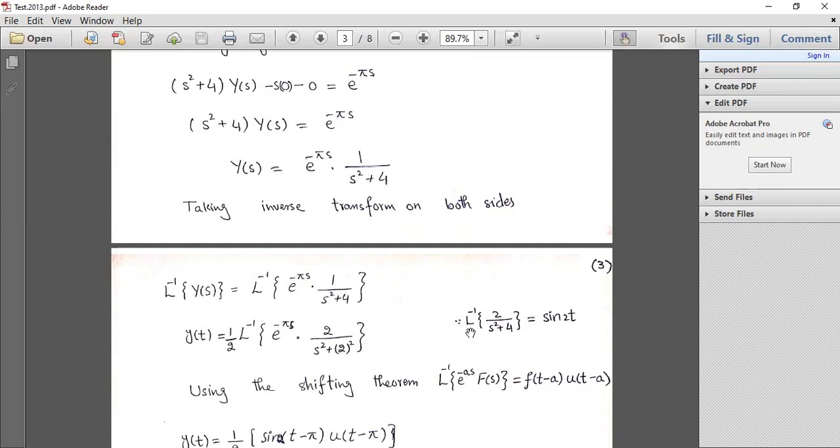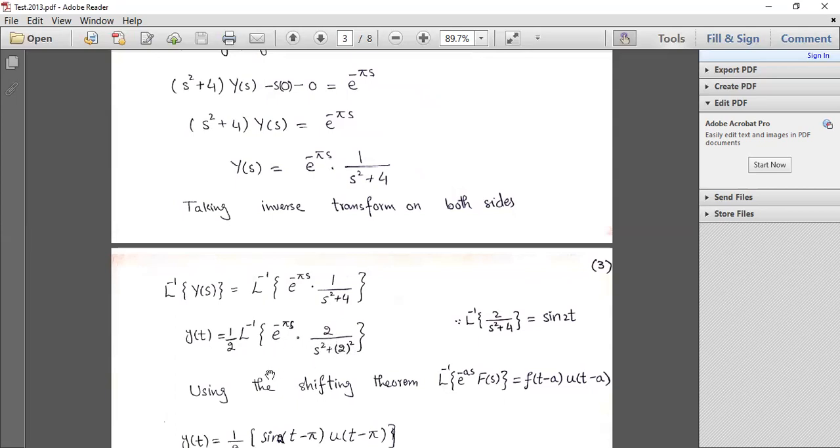And we know that Laplace inverse of 2 divided by s square plus 4 is sine 2t. So to make here 2, we multiply and divide by 2. So 1 over 2 into Laplace inverse of e power minus pi s into 2 divided by s square plus 2 square. You understand this step? Yes, yes.